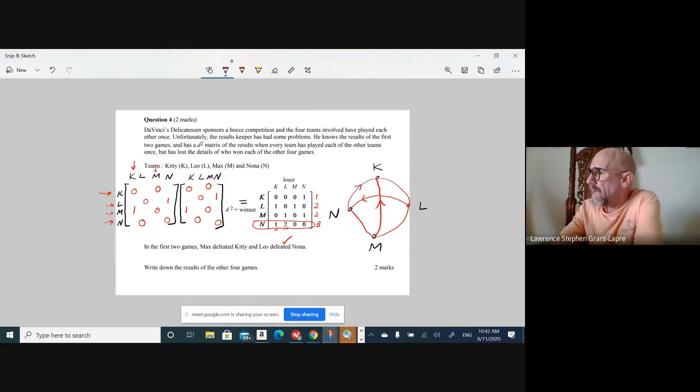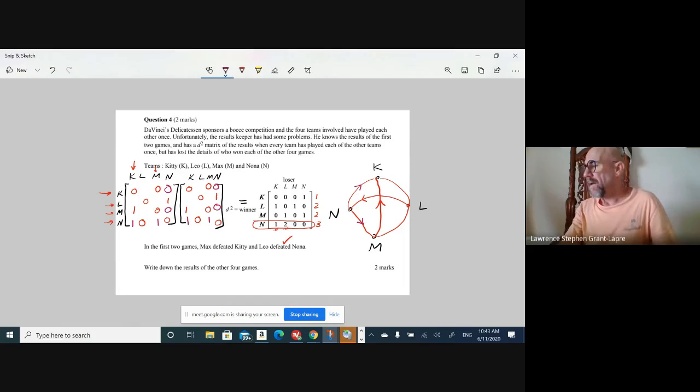So N must have beat K and N must have beat M to end up scoring 3 points. That means M wouldn't have beaten N and K would not have beaten N. So we can put the zeros here and put 1 for N beating K and N beating M.